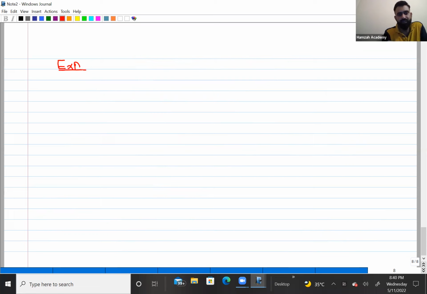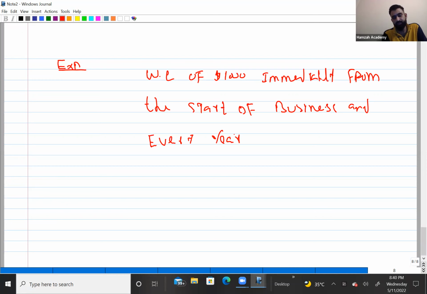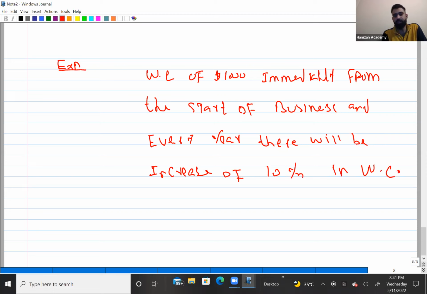Let's assume the adjustment will be given like this: we need working capital of $1,000 immediately from the start of business, and every year there will be an increase of 10% in working capital.